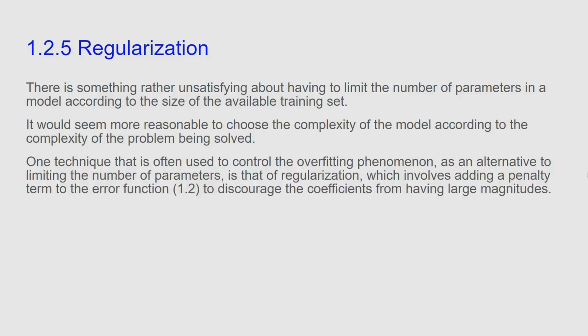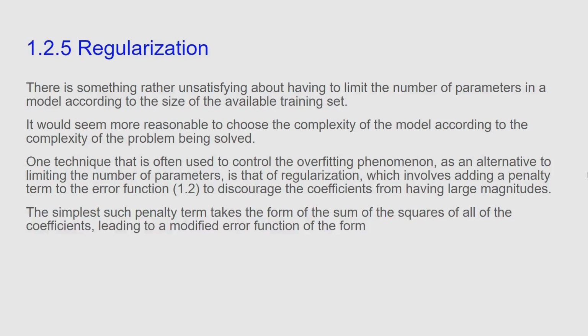One technique that is often used to control the overfitting phenomenon, as an alternative to limiting the number of parameters, is that of regularization, which involves adding a penalty term to the error function 1.2 to discourage the coefficients from having large magnitudes.